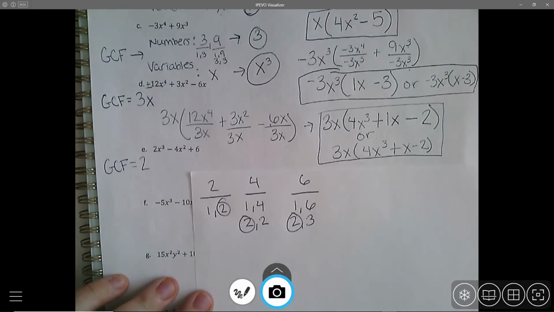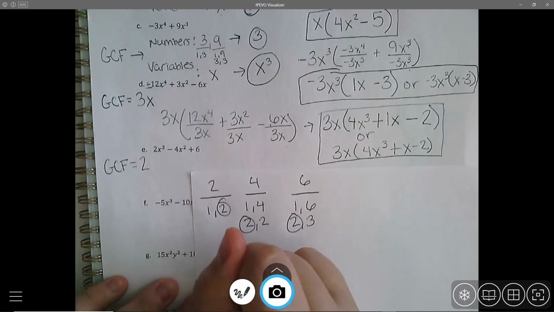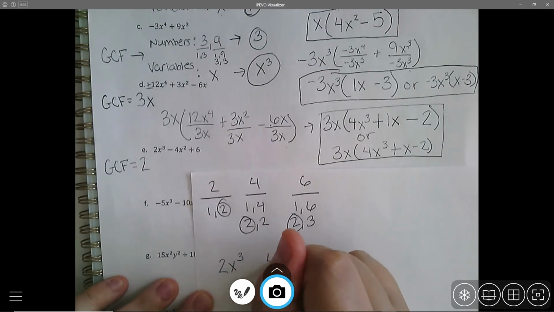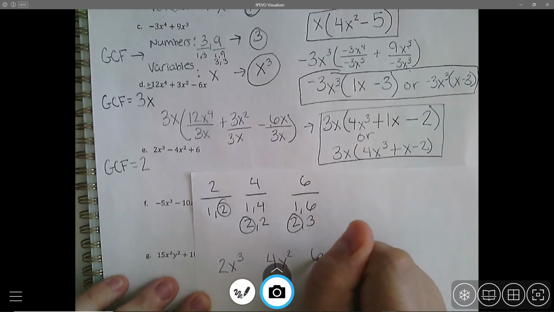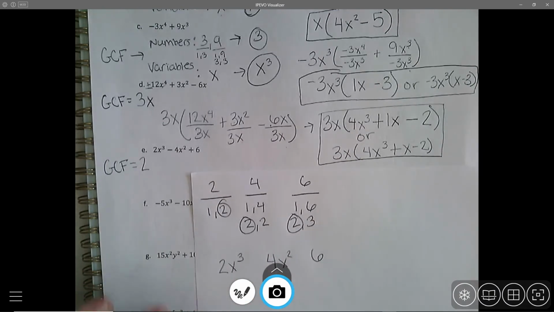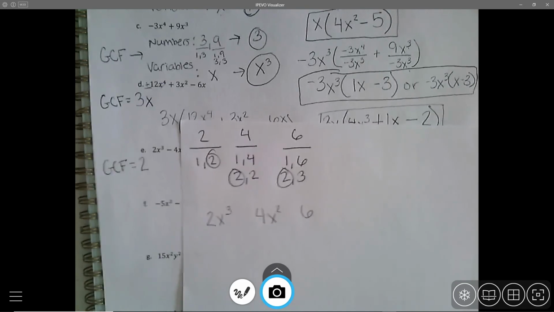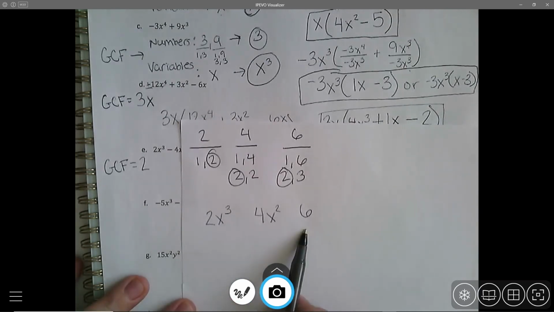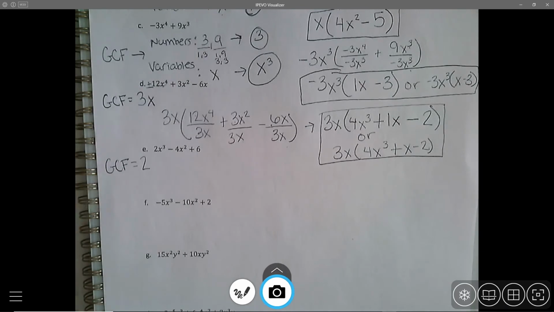Now, looking at the variables, my terms are 2x cubed, 4x squared, and 6. I'm going to ask myself, do all three of those terms have a variable that they share in common? And the answer is no. They don't all have an x, so the only GCF I have in this case is a number.